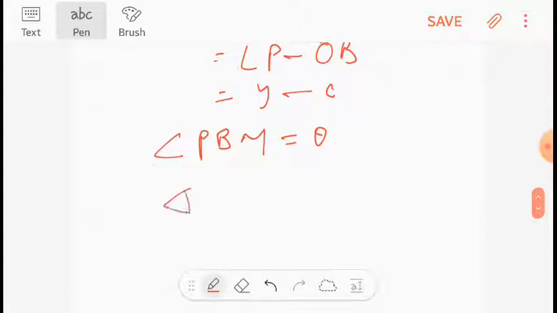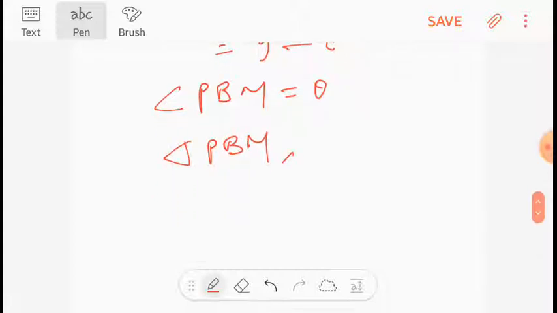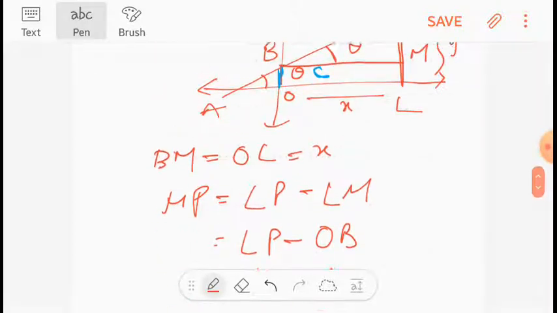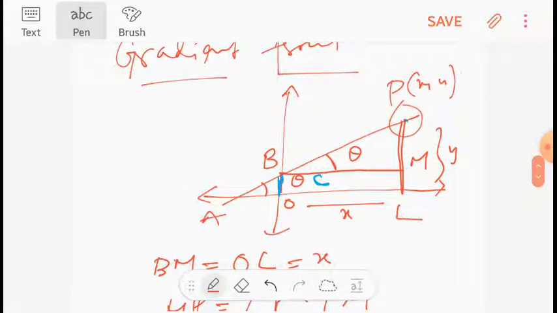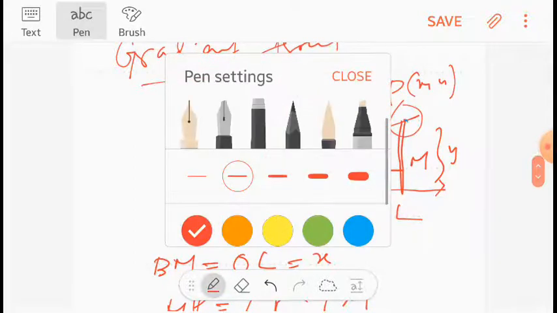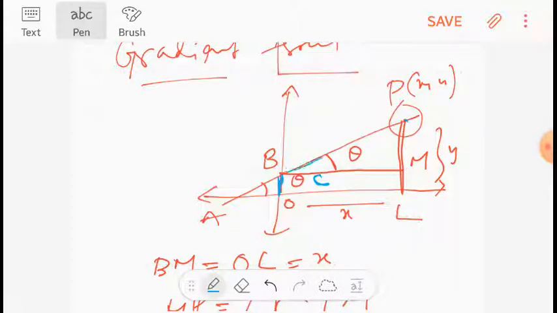Now you can see that angle PBM equal to theta. If you consider triangle PBM, then you can write tan theta equal to base by height, right? We consider this triangle, I just show you this triangle we considered.